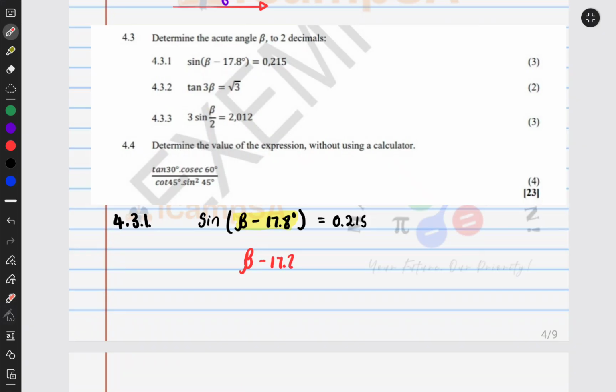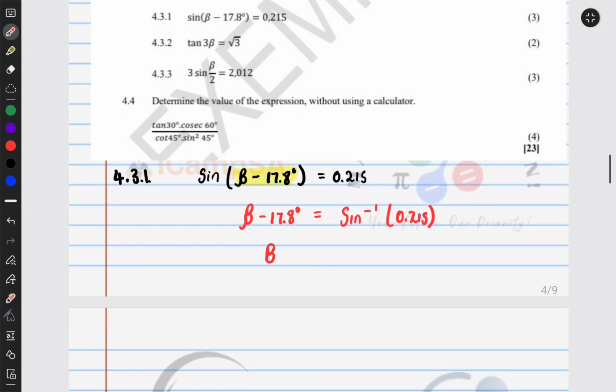We're left with beta minus 17.8 degrees is equal to, when you take sine to the other side, we have to use the second function, so we have sine inverse of 0.215. Beta is equal to sine inverse of 0.215, which is 12.416, plus 17.8 degrees.